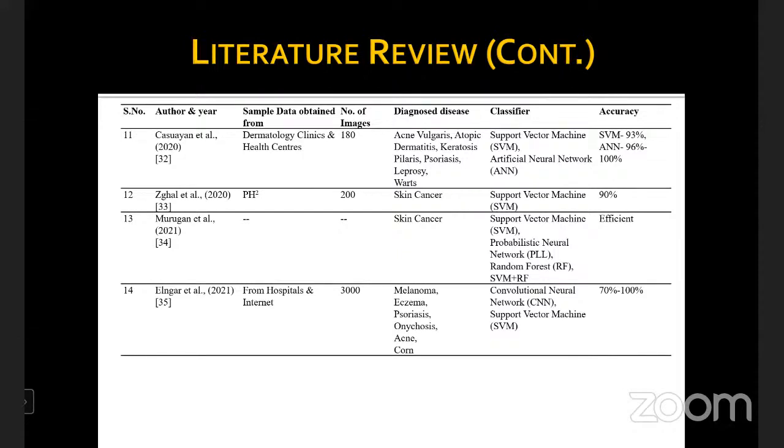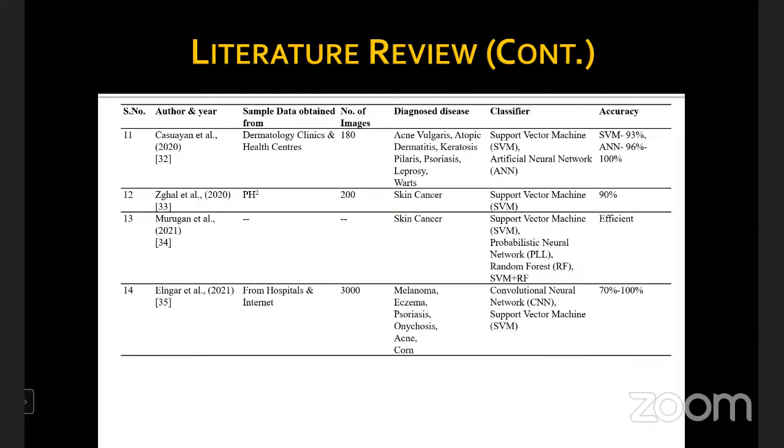The classifiers used were support vector machine and artificial neural network, and the artificial neural network was highly efficient, 96% to 100%, and SVM was 93% efficient. PH2 was used as a data set for diagnosis of skin cancer, and 200 images were used. The classifier used was support vector machine, and 90% accuracy was achieved.